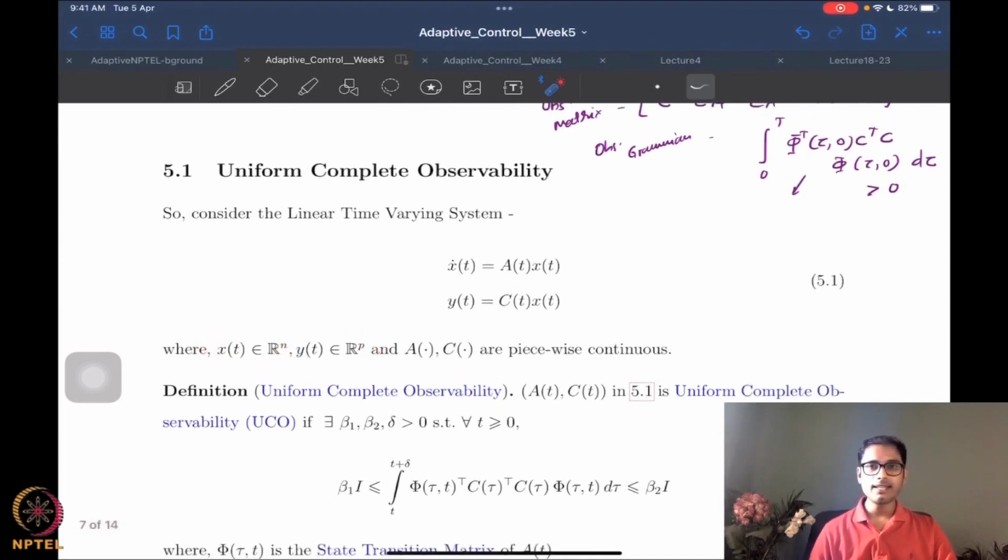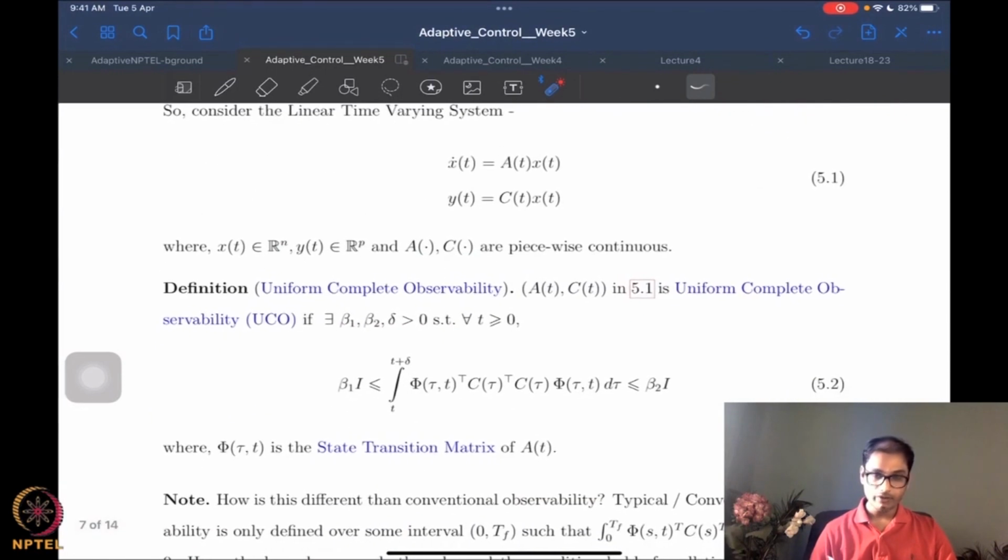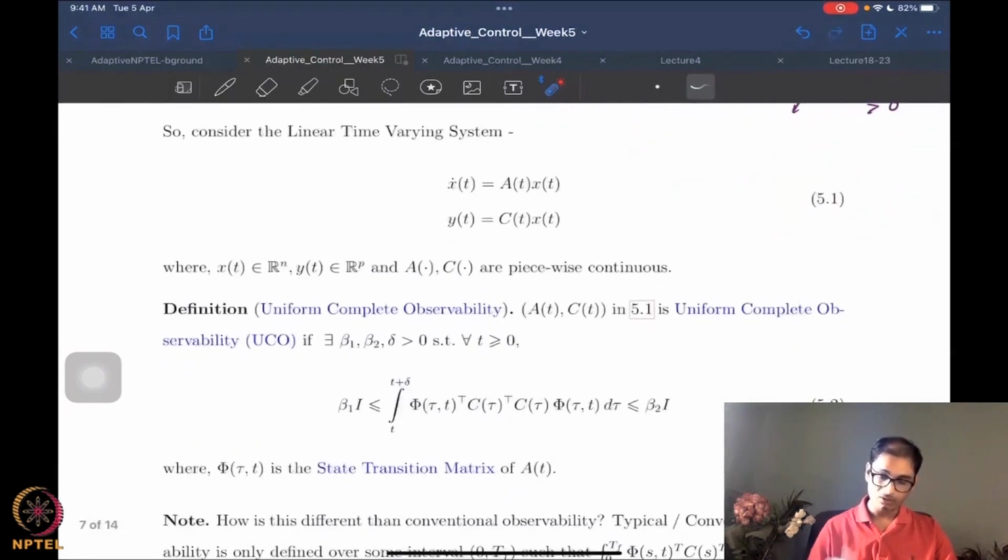So when do we say that this system is uniformly completely observable? Not just observable, but uniformly completely observable, and this is the acronym of course, UCO, if there exist positive constants beta 1, beta 2 and delta such that for all t greater than or equal to 0, this Gramian integral, which is almost exactly this guy, is lower and upper bounded by beta 1 I and beta 2 I. Again, the left hand side indicates positive definiteness and the right hand side just indicates boundedness.